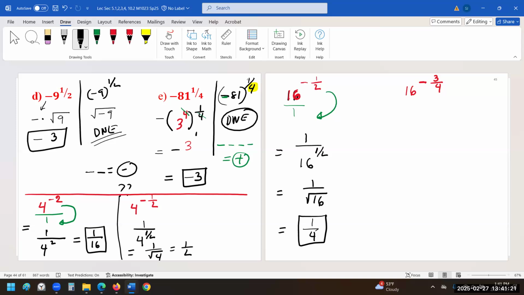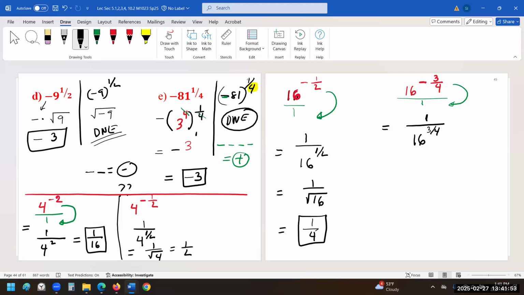It's up to you which one you want to get rid of first. If you get rid of the negative, that means you're working with a fraction. So below that, you have an invisible 1. So bring it down. It will become 16 to the 3/4 and 1 on the top. So one problem is solved, no more negative.